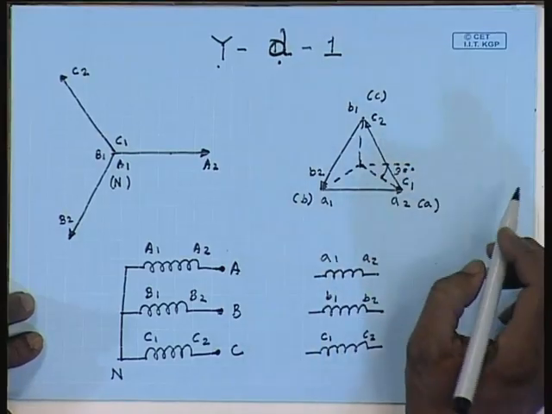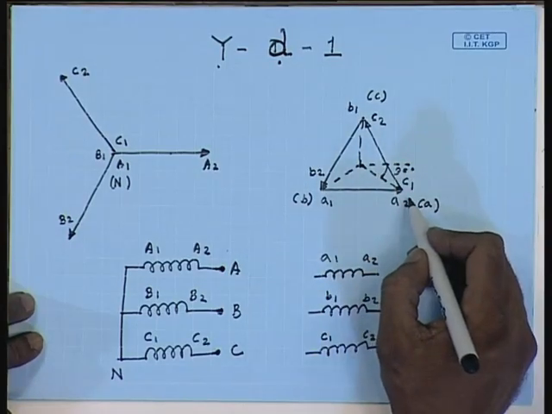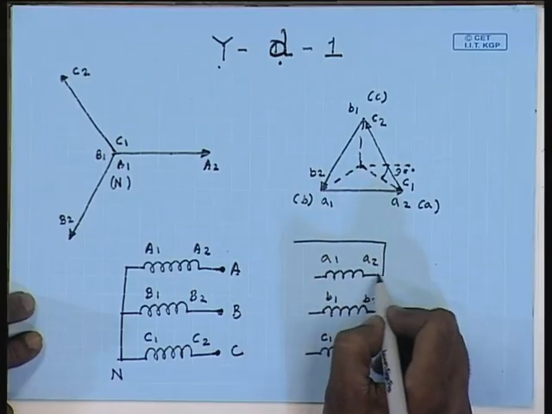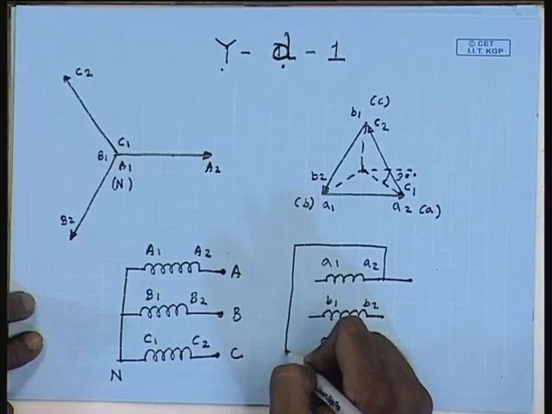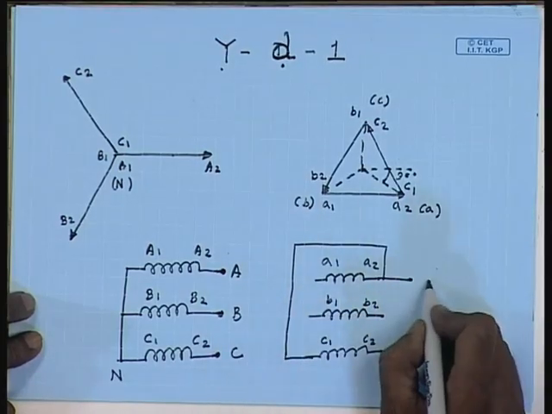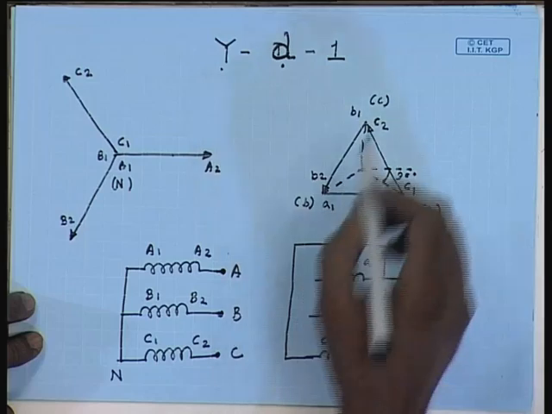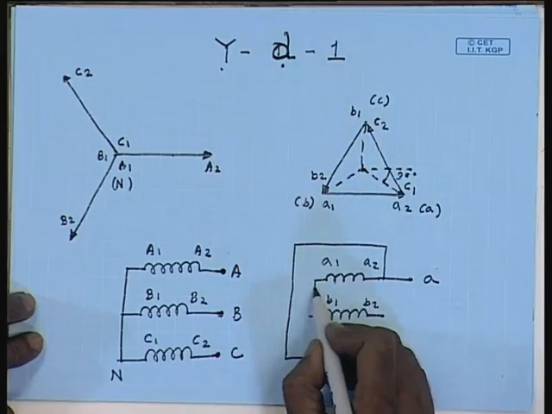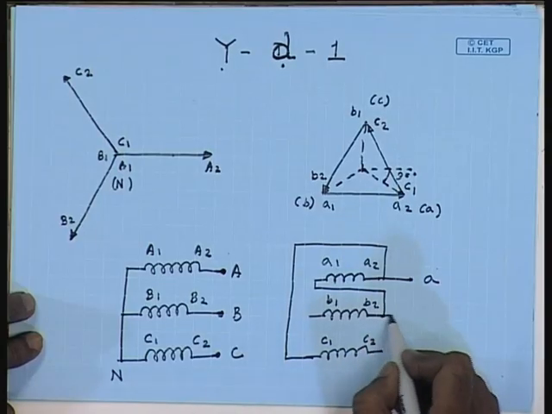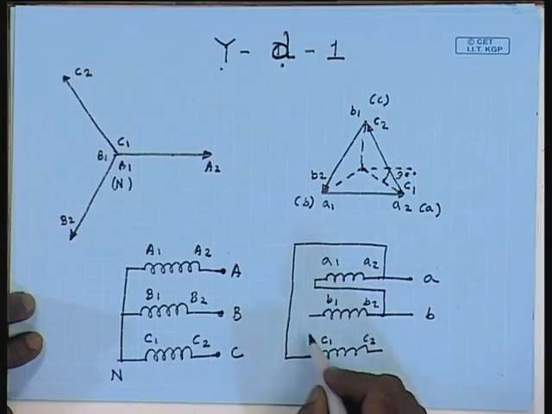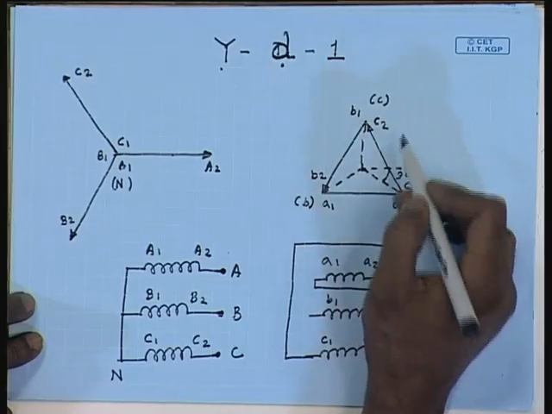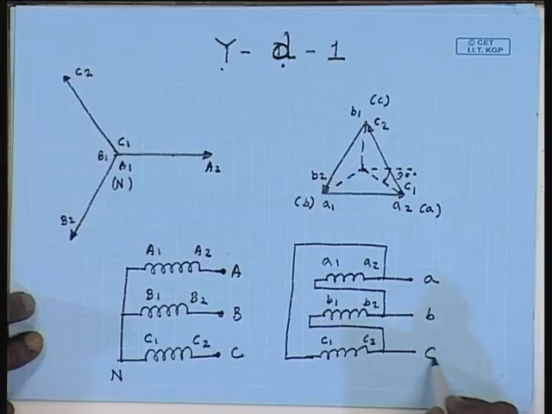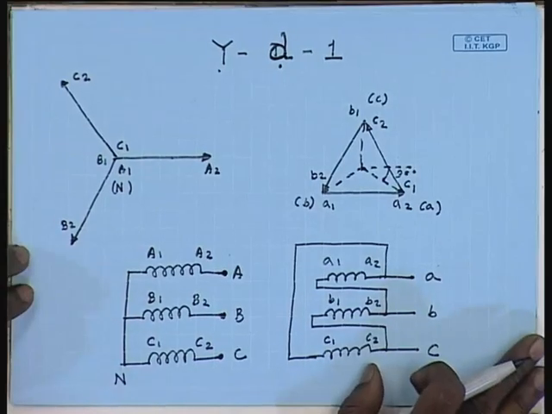In this case, the terminal A is formed by connecting A2 to C1. This is terminal A, and terminal B is formed by connecting A1 to B2. This is terminal B. Terminal C is formed by connecting B1 to C2. This is terminal C. So, this is the connection of Yd1.